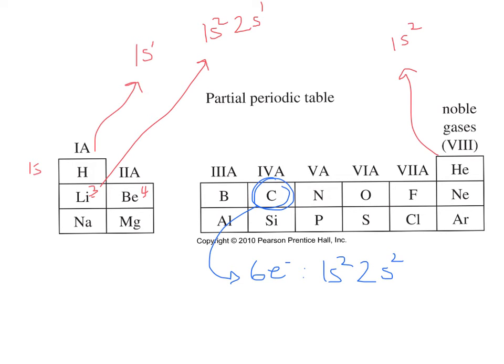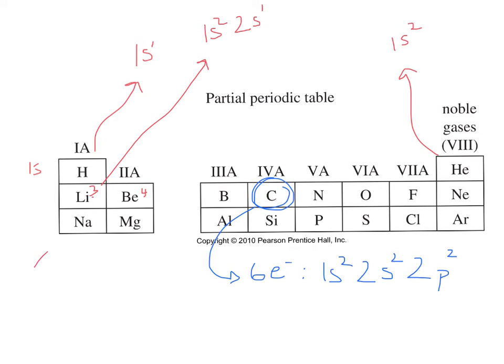And then you've got two more electrons, because neutral carbon has 6. Therefore, the next two electrons would need to go into the next highest energy orbital, which would be 2p, so 2p2. So we would indicate a neutral carbon as having 2 electrons in the 1s, 2 electrons in the 2s, and 2 electrons in the 2p.